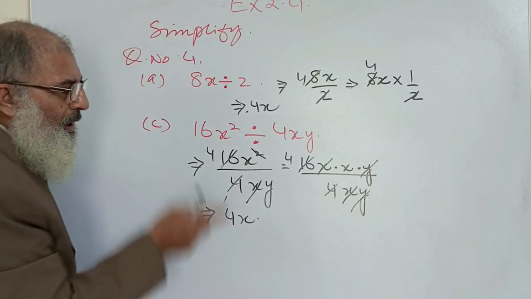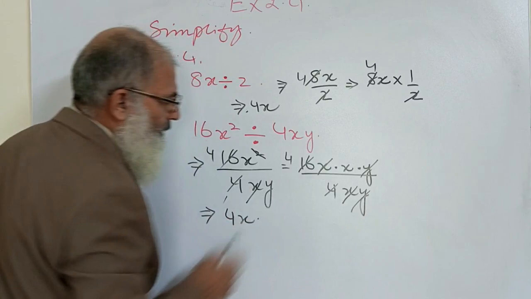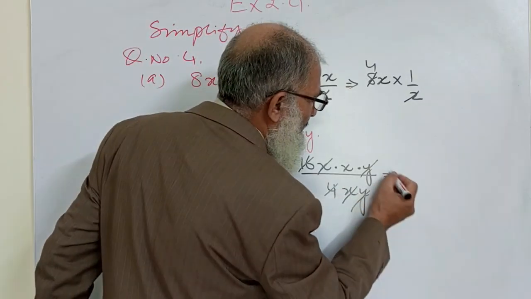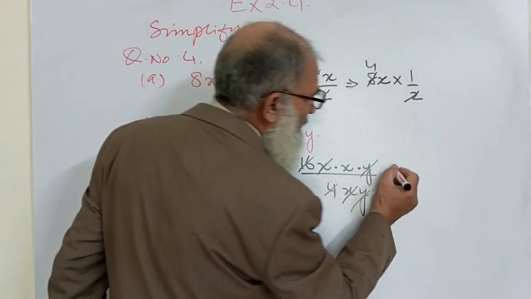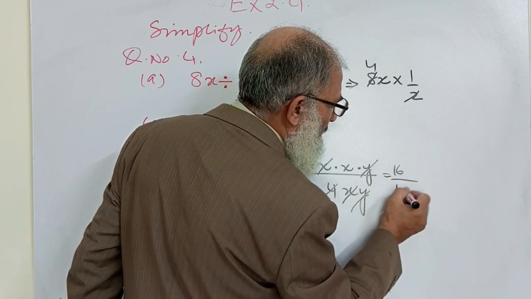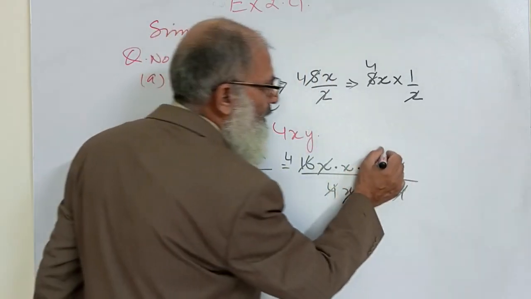You can also do it like that. You see that 16 has already been cancelled.